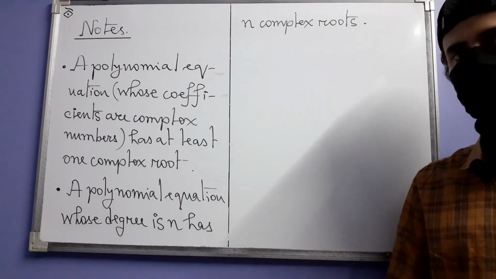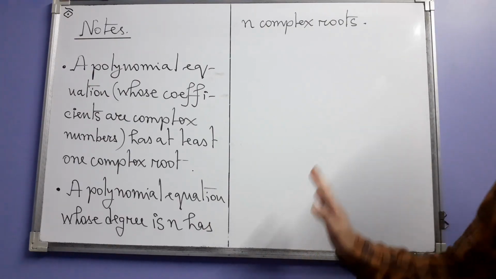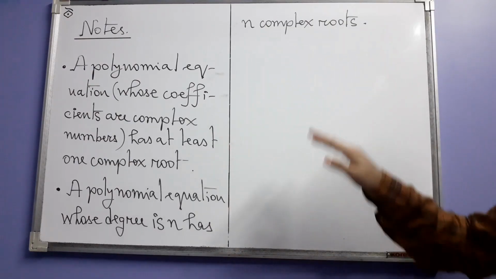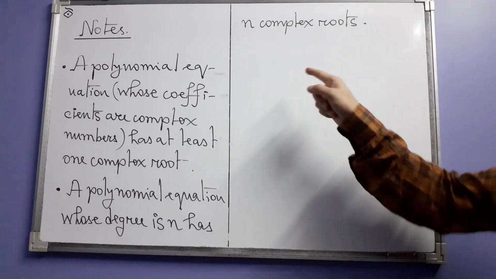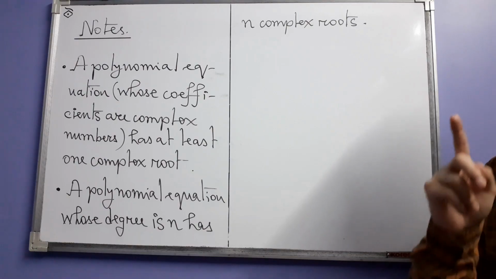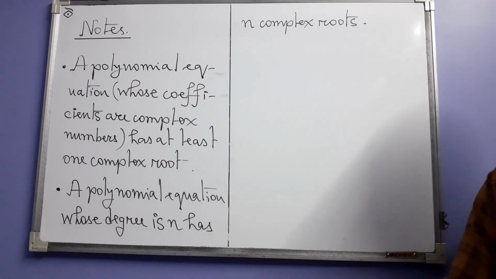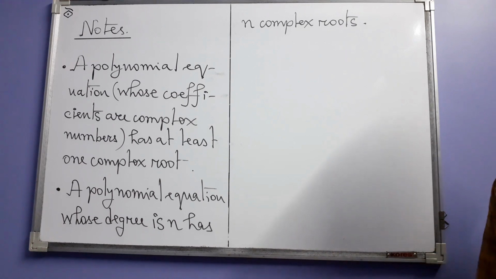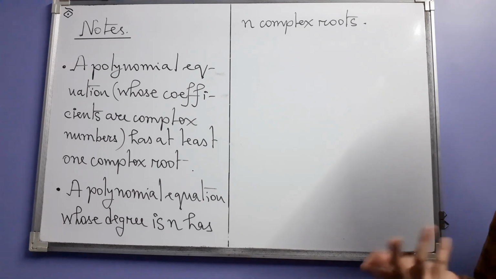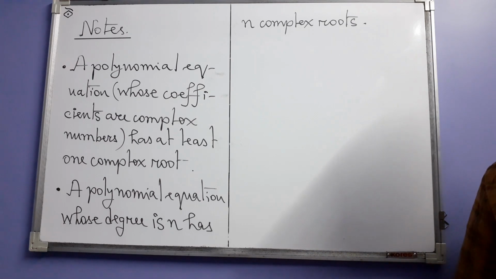But you need not worry about these things, okay? So basically what it says is that a quadratic equation, because its degree is 2, will have two complex number roots, which we already know from that well-known formula. Those two roots may be equal, may not be equal, all those cases are there.